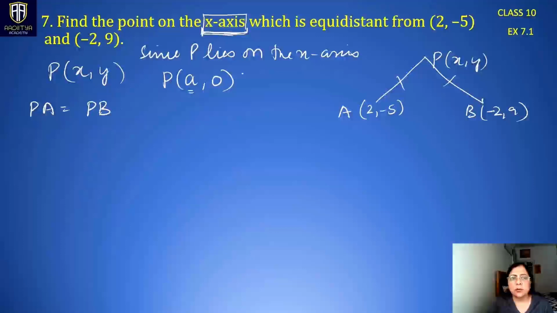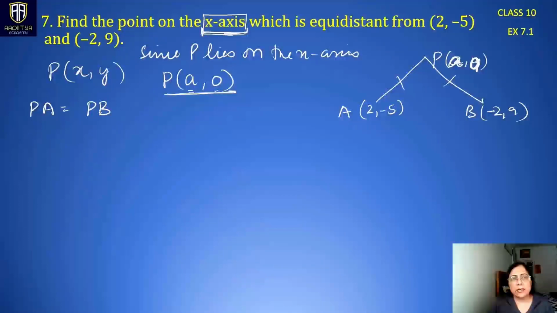Since all the points on the x-axis have their y coordinate 0, the point will be of this format, right? So now I am modifying my value. I am writing this as a comma 0. This you have to understand.